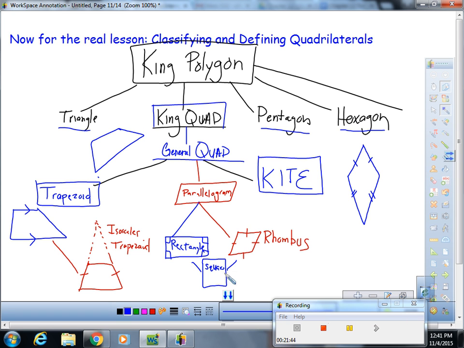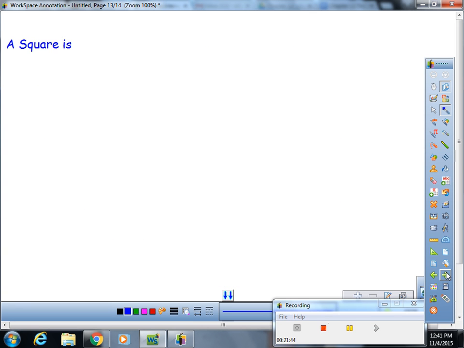So for instance, who is Square's dad? Rectangle, okay? But who is Square's uncle? Rectangle, that's right, Uncle Dad. Things get weird sometimes, okay? And so, what this means is that there are 2 different ways to define a square. That's why it's such a weird being. So a square actually has 2 different excellent definitions.